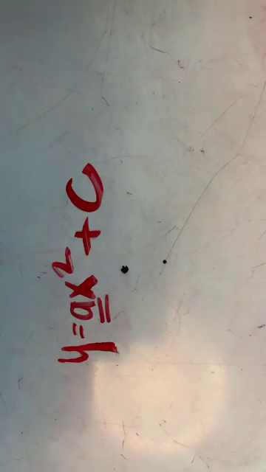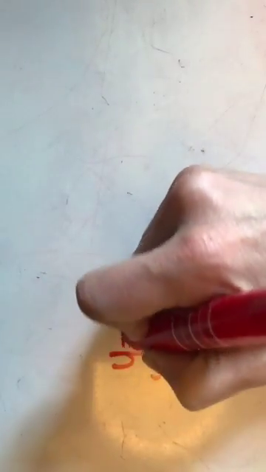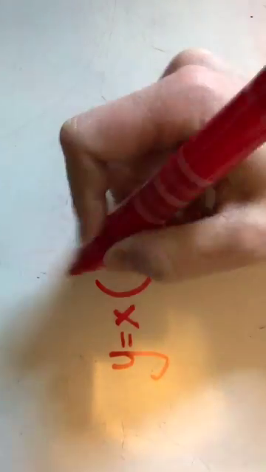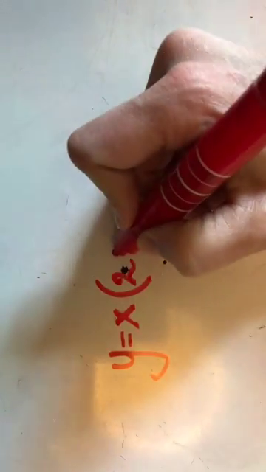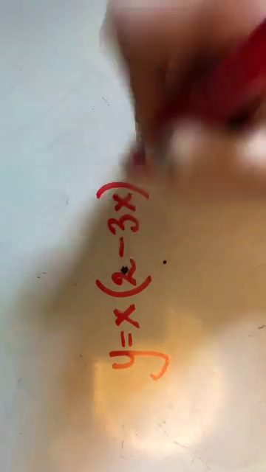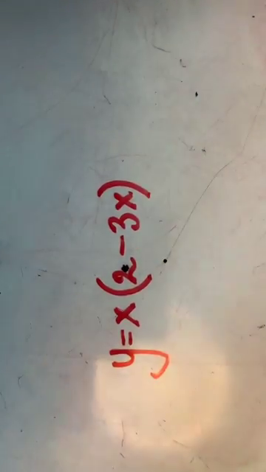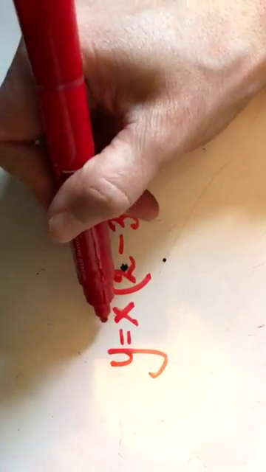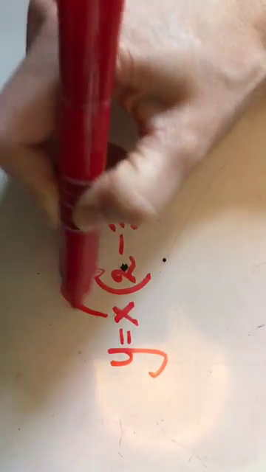Okay, so I want to review multiplying. So if you're given an equation like y equals x times 2 minus 3x, then what we're going to have to do in order to figure out what this looks like in standard form is to multiply the x term by both values in here.